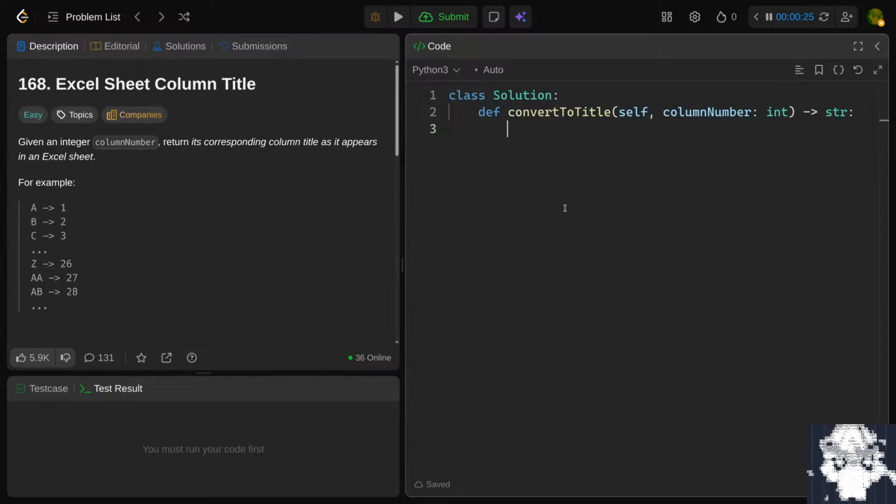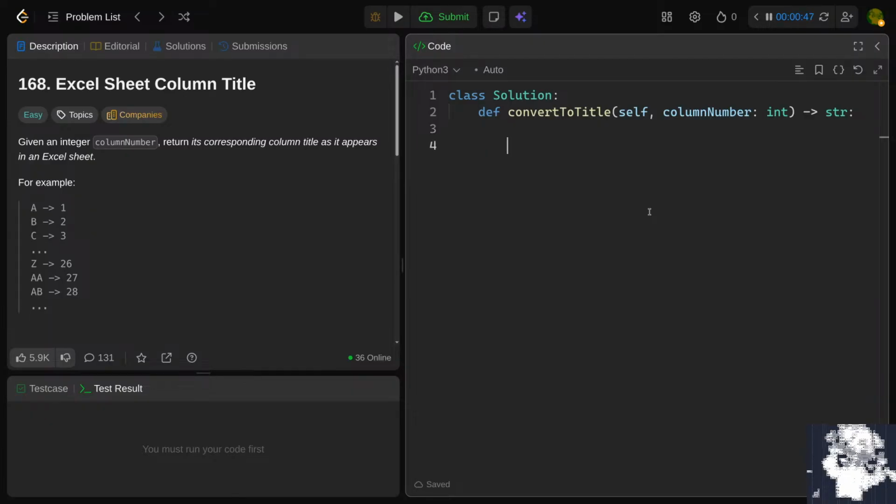Okay, so this is pretty easy. What we want to do, wait, column number, they wrote this not in the direction that I was expecting. So I get an integer and I return a string.